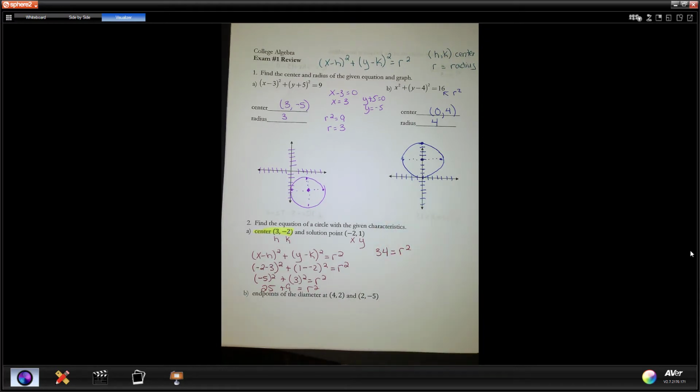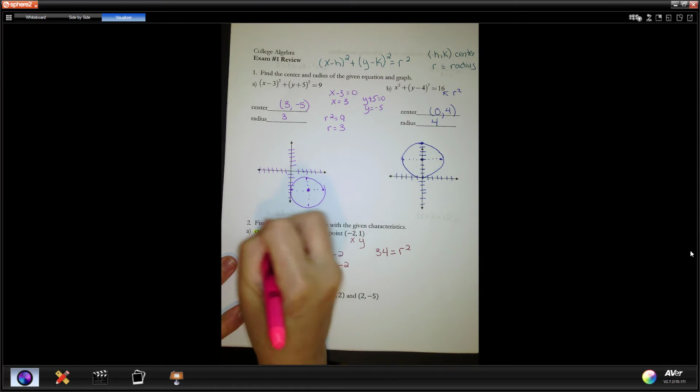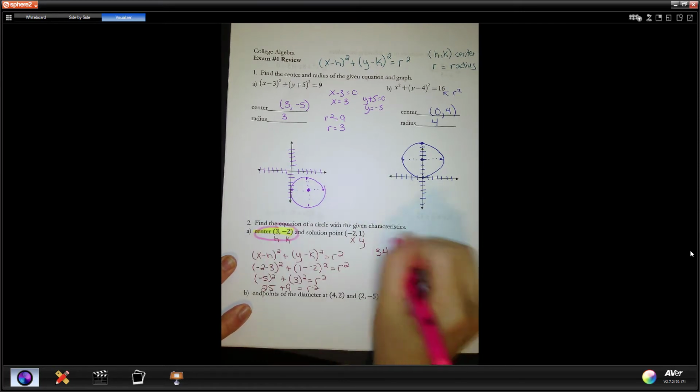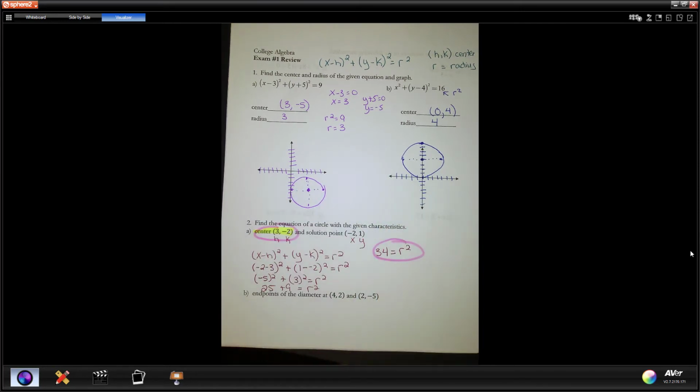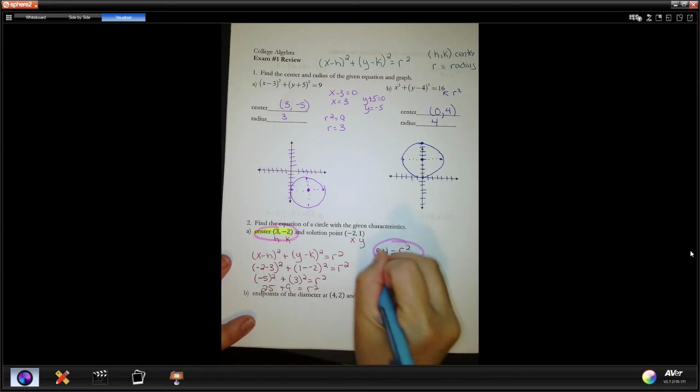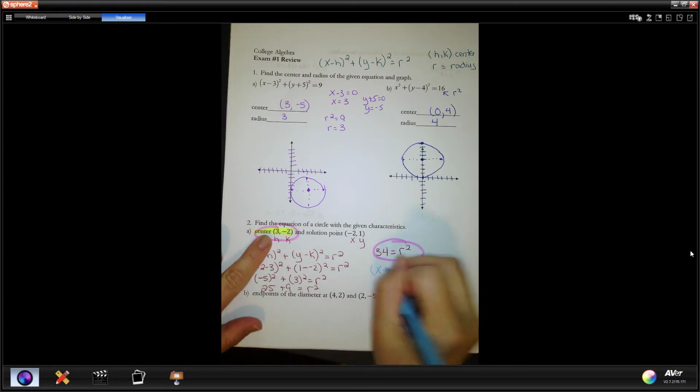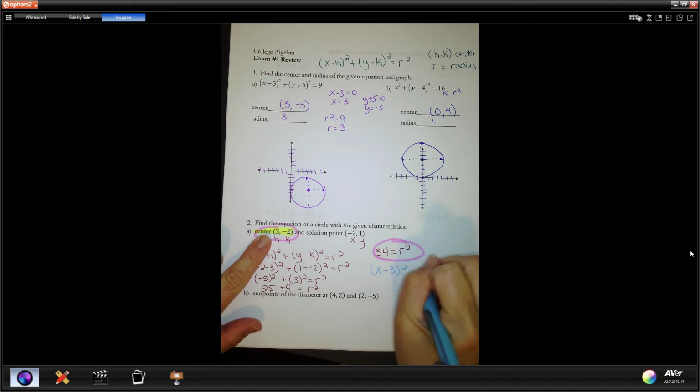But it does say to write the equation, so make sure we are using our center point and our r squared. So our equation becomes (x minus 3) squared plus (y minus negative 2) squared equals 34.